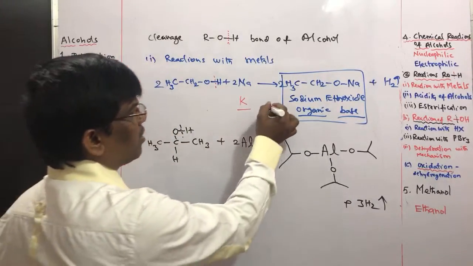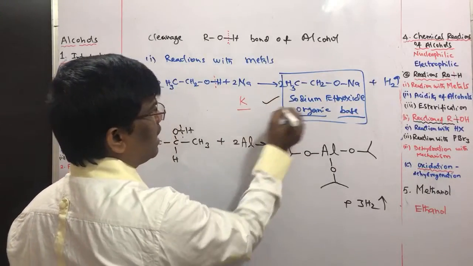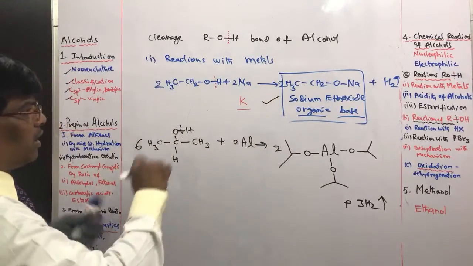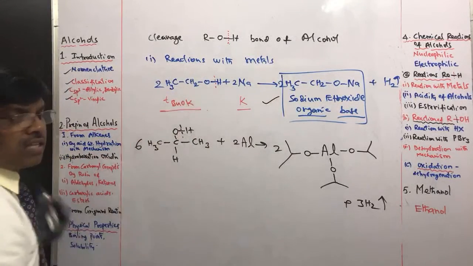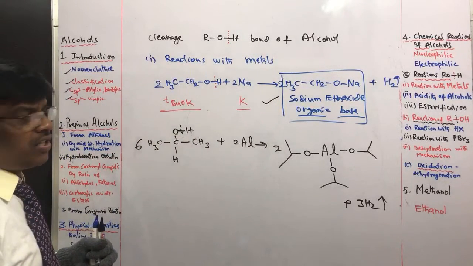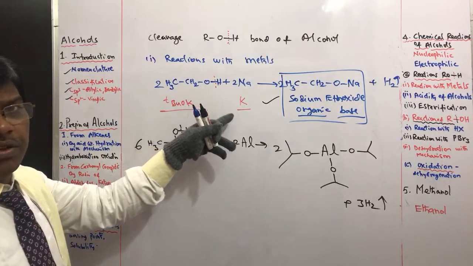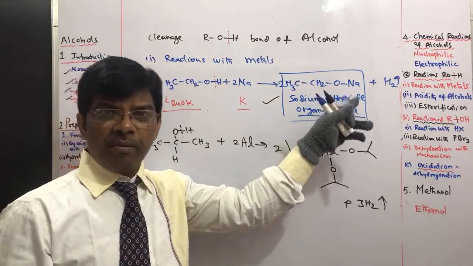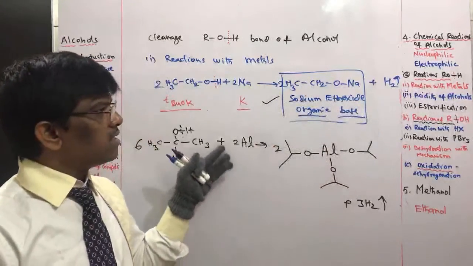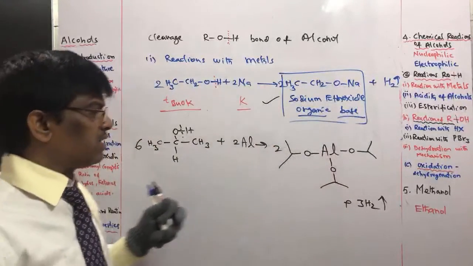So this is sodium ethoxide and potassium ethoxide, and one of the common reagents, tertiary butoxide, is a usually used organic base, as are sodium methoxide and all these alkoxides.